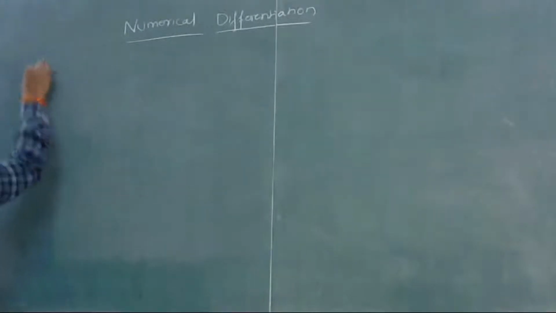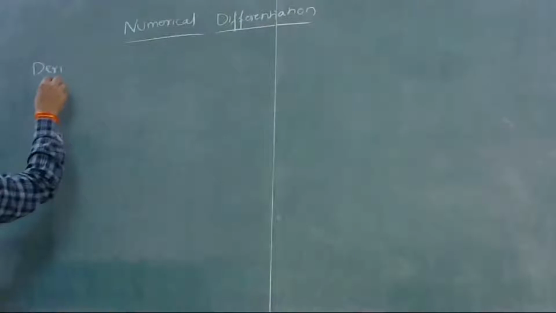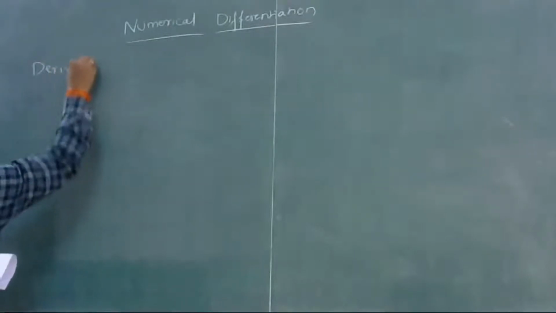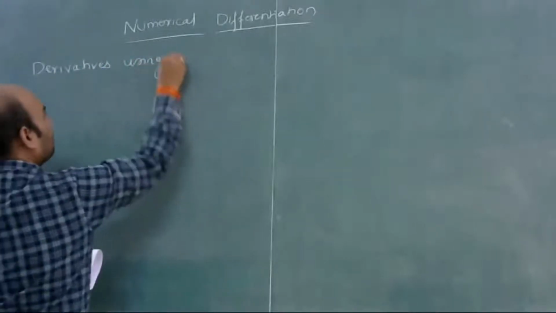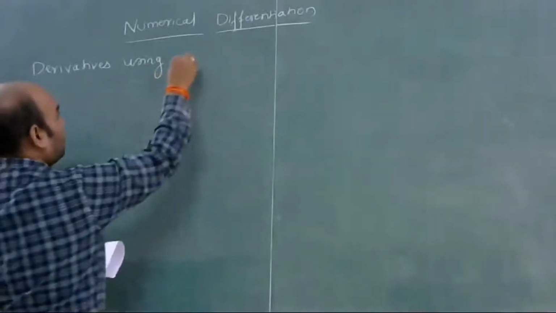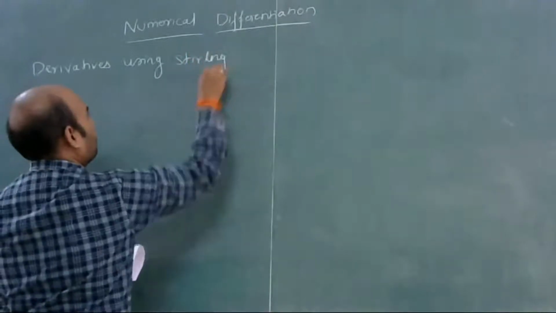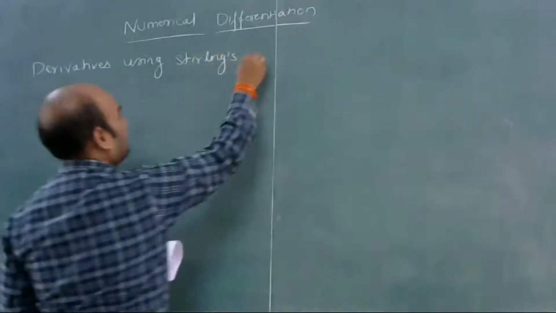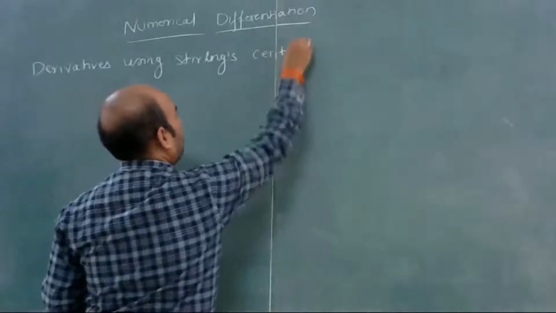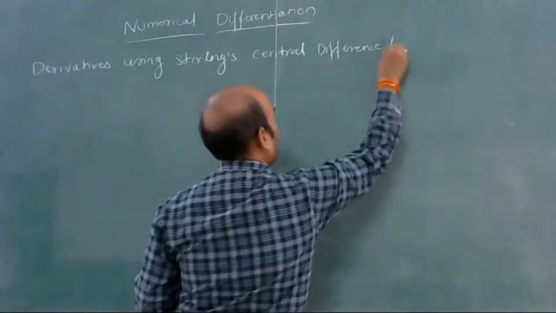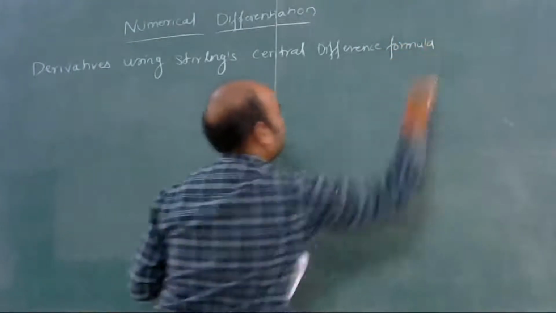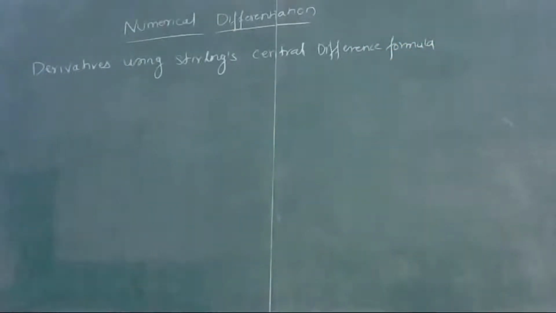So derivatives using Stirling. Okay. So first we will start with the Stirling central difference table.